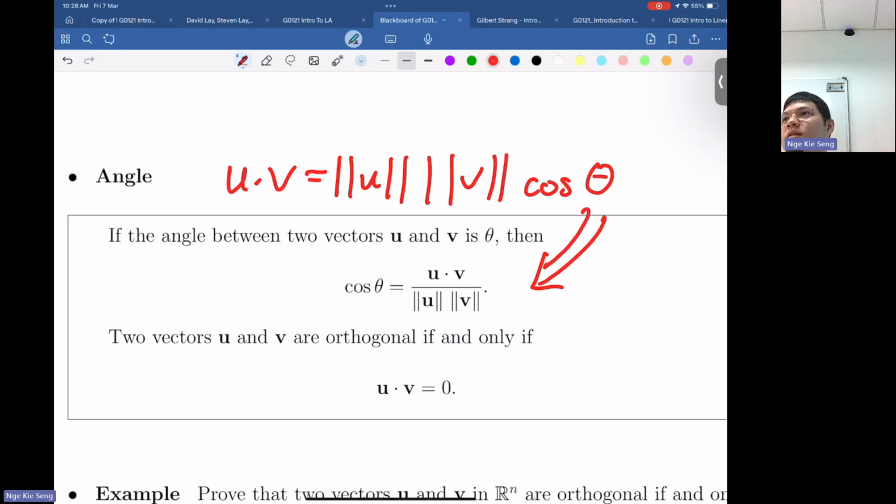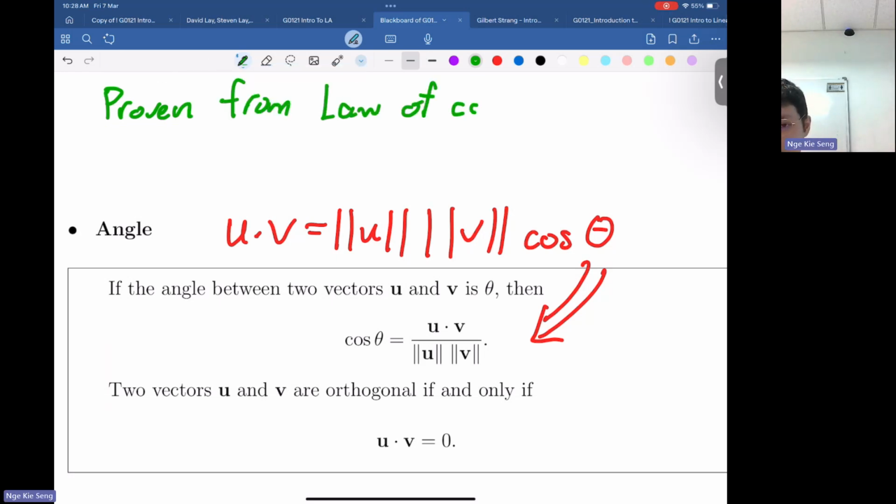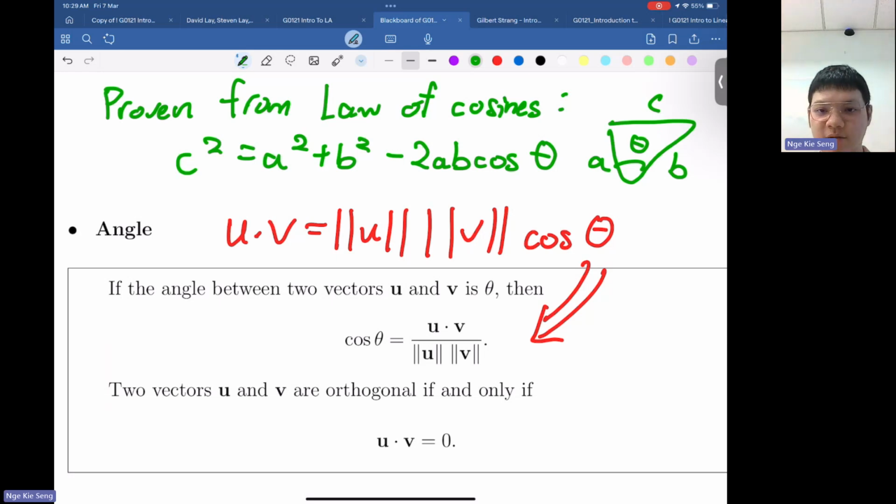It's a variant of Pythagoras' theorem where you don't have a right-angled triangle, and the angle here is theta. You can prove it from here. For this one, I will provide you the proof, no need to worry.